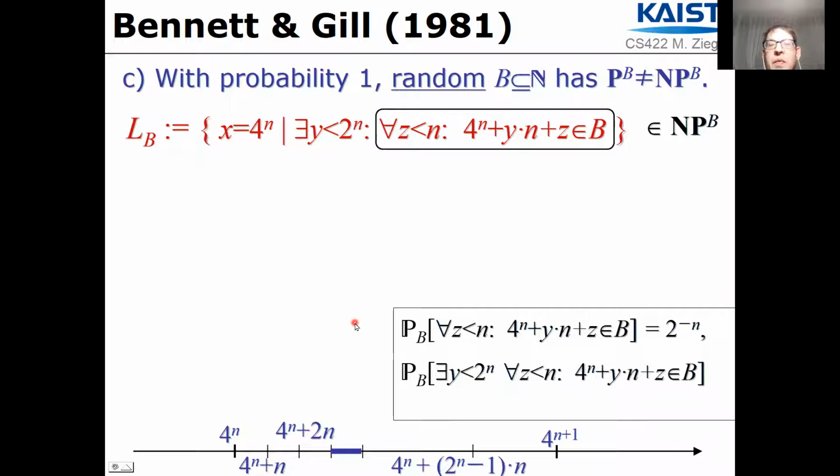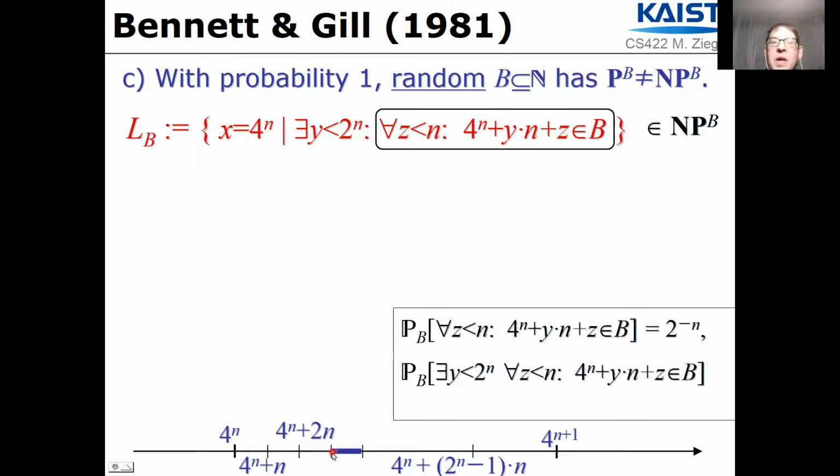And one way of understanding why we consider this admittedly strange and artificial decision problem is that we can consider the events to be not single numbers, but these small intervals. We want these probabilities to be very, very small, exponentially small, 2 to the minus n.